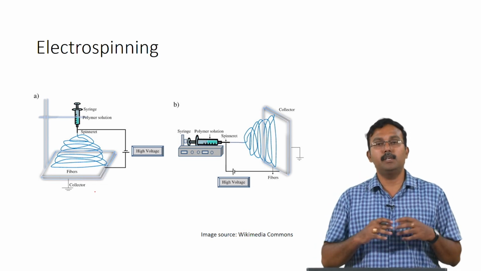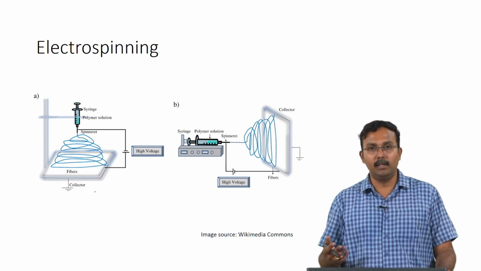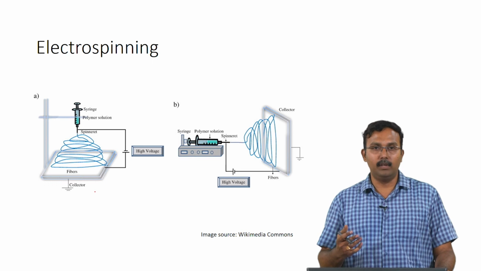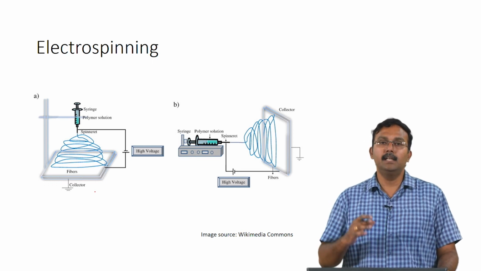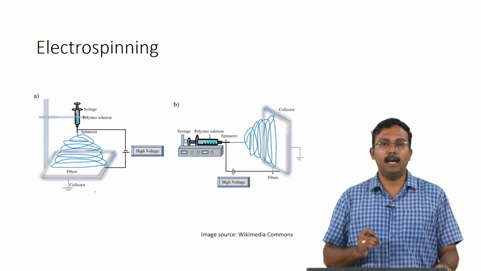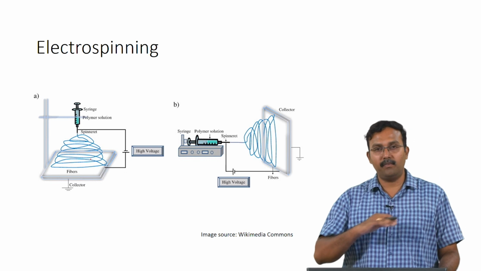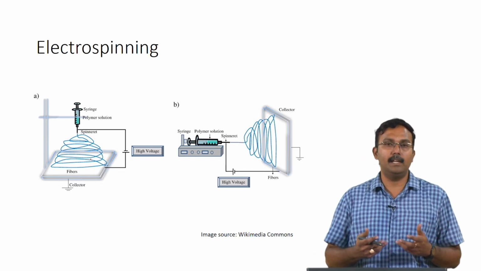This polymer solution which comes out of the needle is exposed to a high voltage, and because of this high voltage it forms very thin fibers. These thin fibers are collected on a collector which could either be a flat surface or a rolling drum and so on.